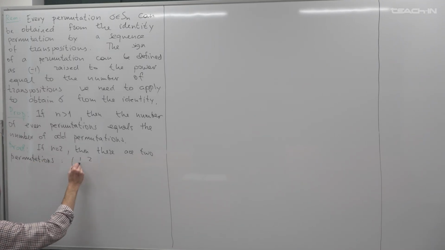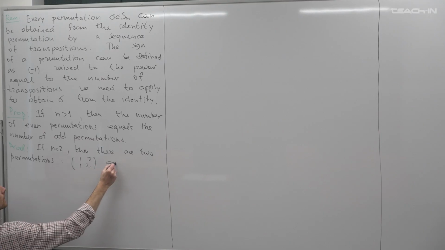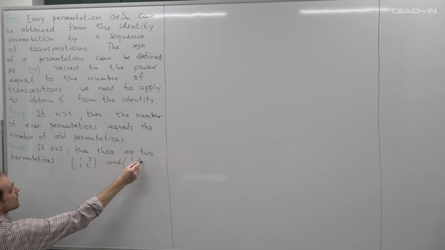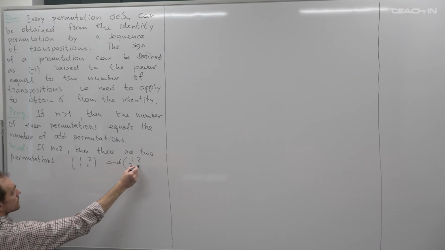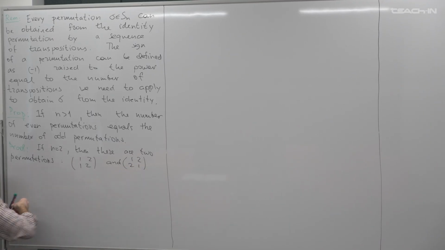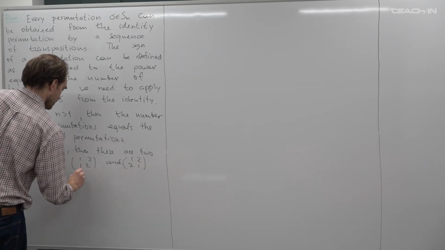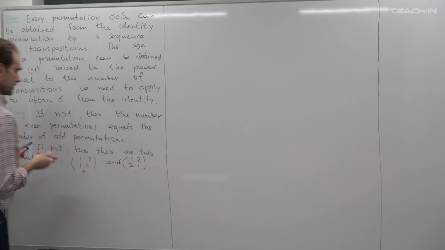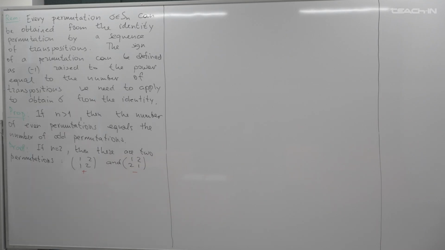So the first is the identity, and the second is transposition. So the first one is, of course, an even permutation, and this is an odd permutation, so this works in this case. Okay, so assume now n is greater than 2.